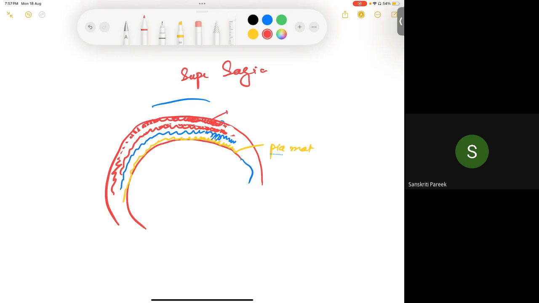The one which is attaching towards the bone is known as periosteal, and the other is attaching to the arachnoid. So here in this aspect of your brain, both of these dura matter are going to separate from one another, and they are going to form a canal kind of structure, or a sinus, in which basically our venous blood flows. And this sinus is called the superior sagittal sinus because it's present in the superior sagittal aspect of your skull. Is it clear?